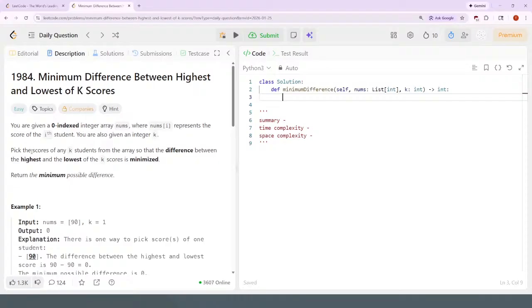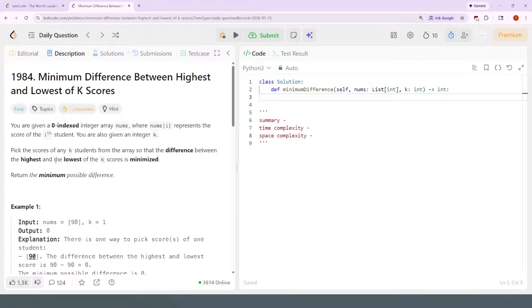Pick the scores of any k students from the array so that the difference between the highest and lowest of the k scores is minimized. Return the minimum possible difference.